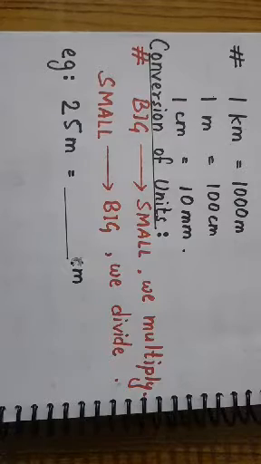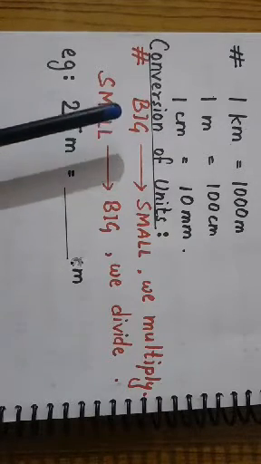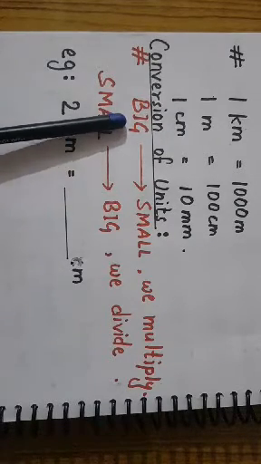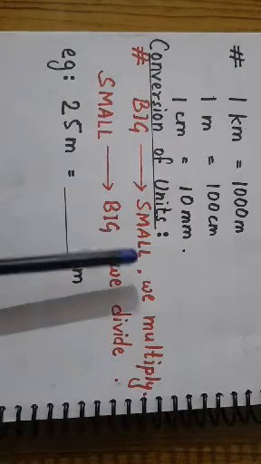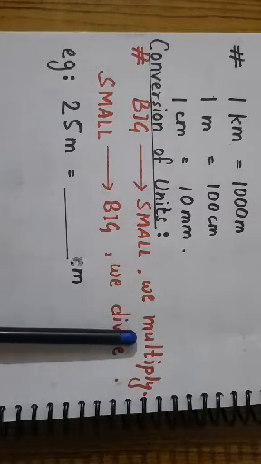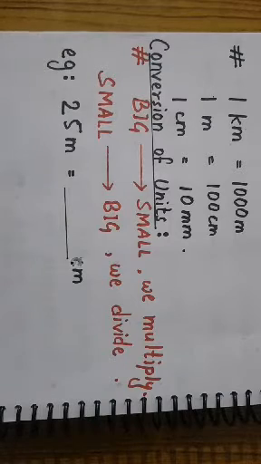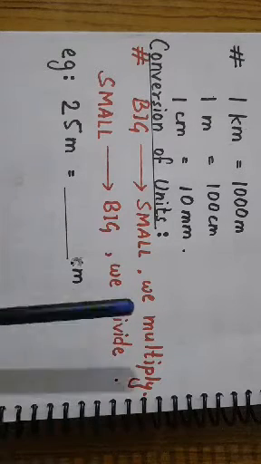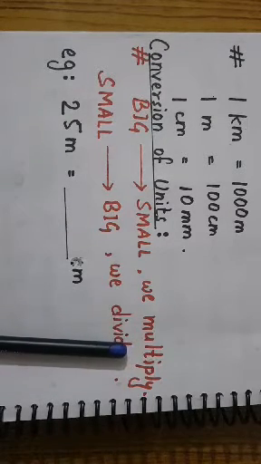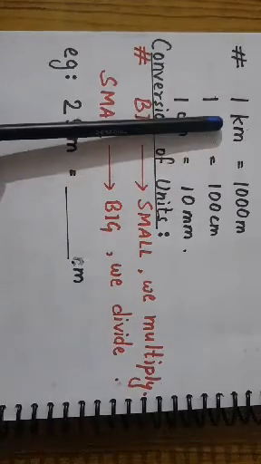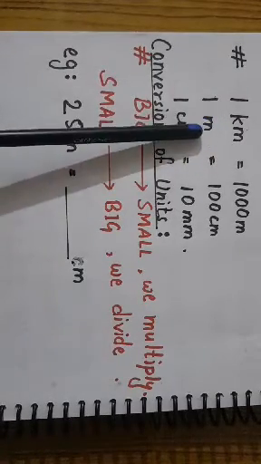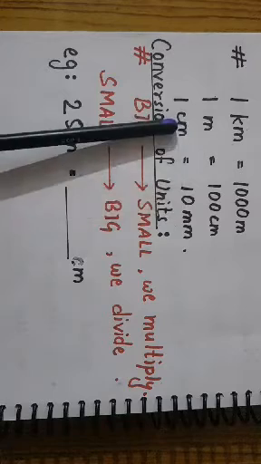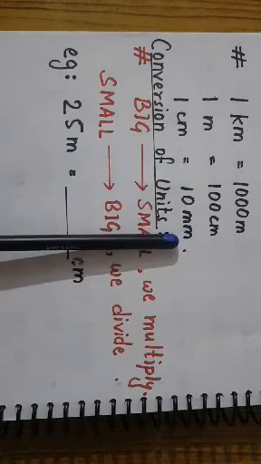One more thing you have to keep in mind here is when we convert the bigger unit into smaller unit, we multiply. Bigger unit को हम smaller unit में convert करते हैं तो हमेशा हम multiply करते हैं. Like kilometer is bigger than meter, meter is bigger than centimeter, and centimeter is bigger than millimeter.